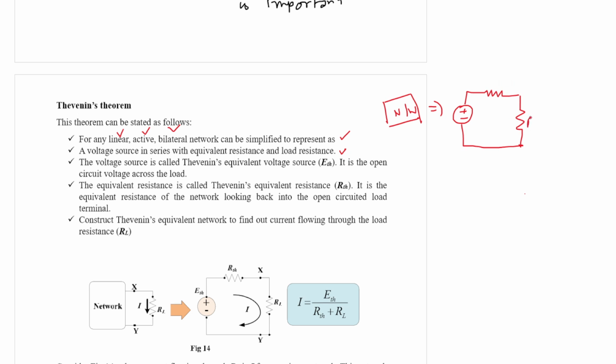This is RL, which is called the load resistance. This equivalent resistance is called RTH and the equivalent voltage is called ETH. And this current is nothing but ETH by RTH plus RL.